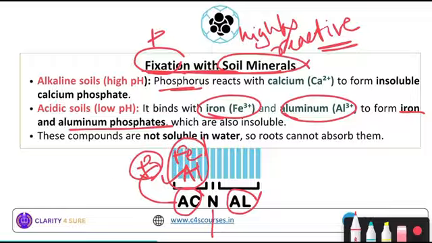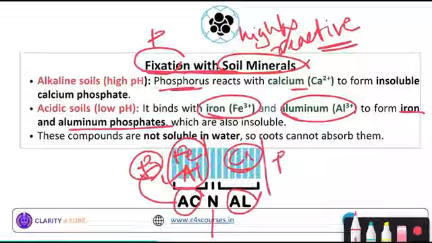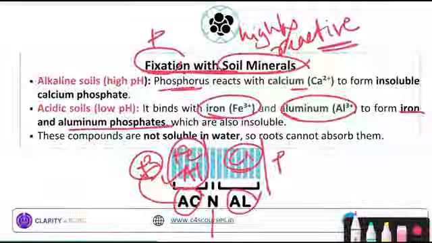And in alkaline soil, phosphorus is going to make a chemical reaction with calcium, making calcium phosphates. So this is how it is fixed. This is what I was talking about when I was saying the phosphorus is fixed.